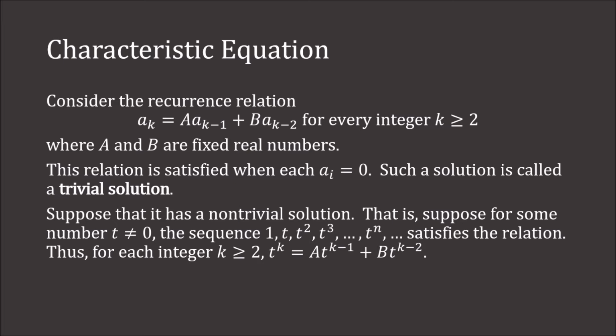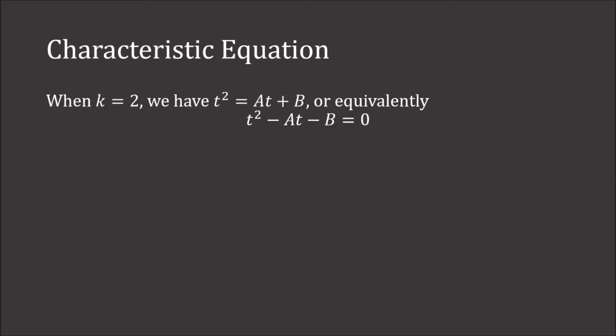Thus, for each integer k greater than or equal to 2, t to the k is equal to a times t to the k minus 1 plus b times t to the k minus 2. When k is equal to 2, t squared would equal a times t plus b, or equivalently, t squared minus at minus b is equal to 0.